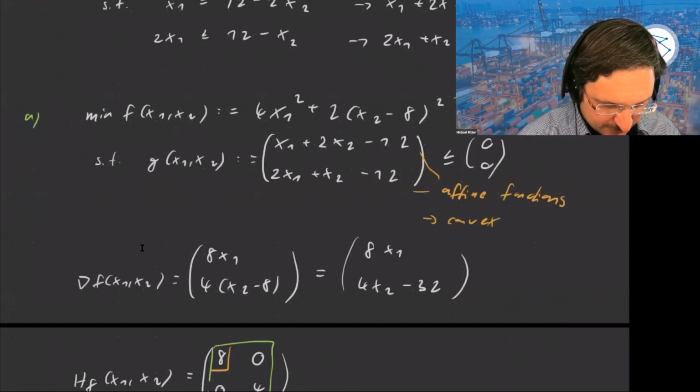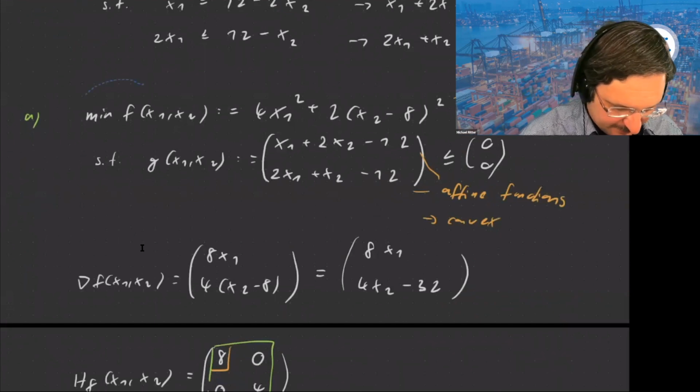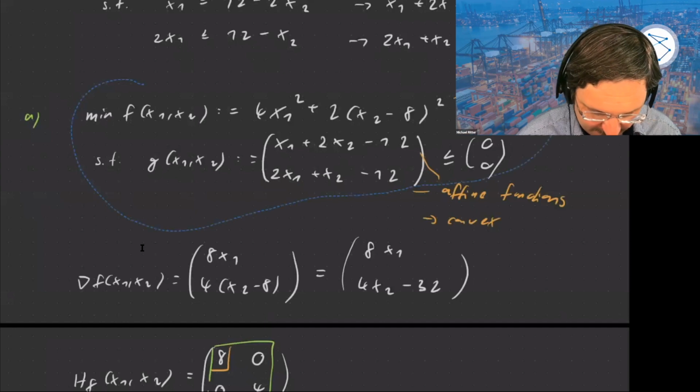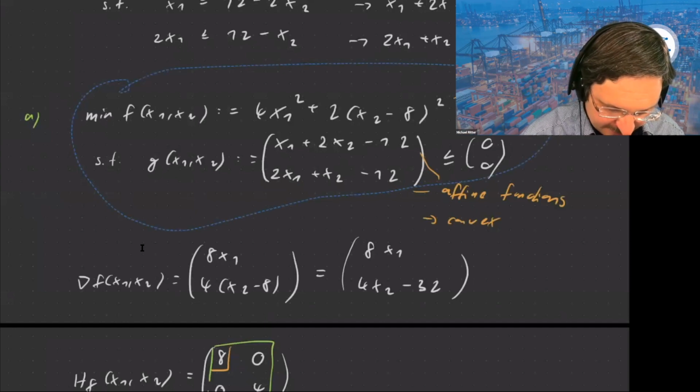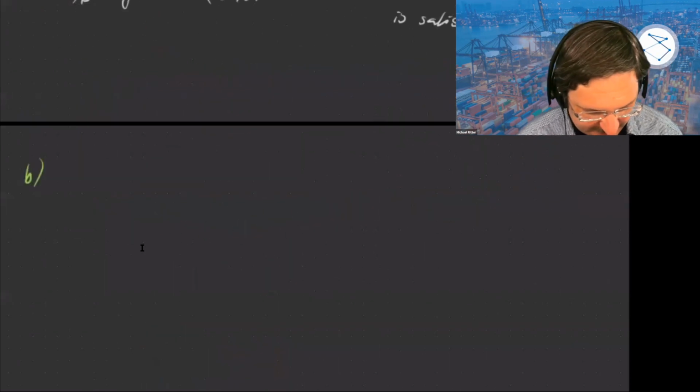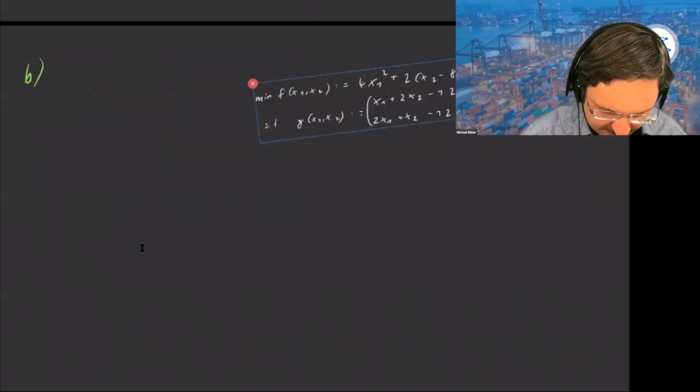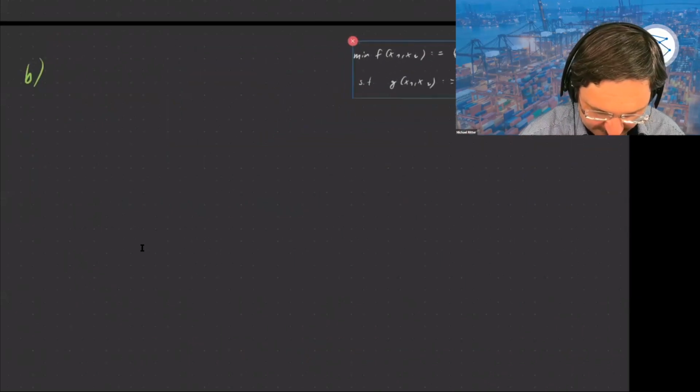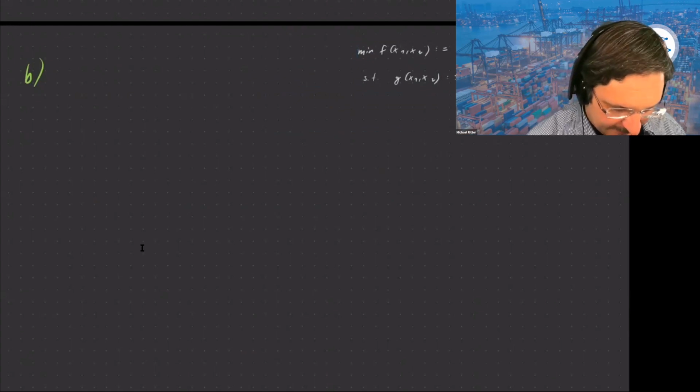So we'll have two multipliers here. Let's copy that problem so we can have a look at that while we come up with the KKT constraints. Down there, maybe a little smaller, that should do it.